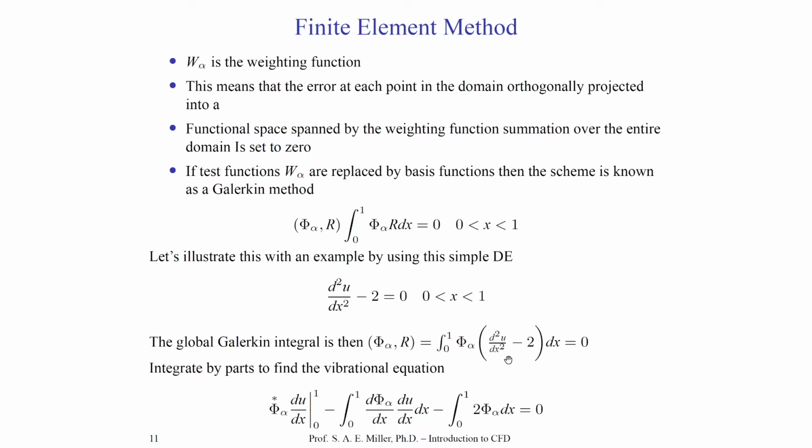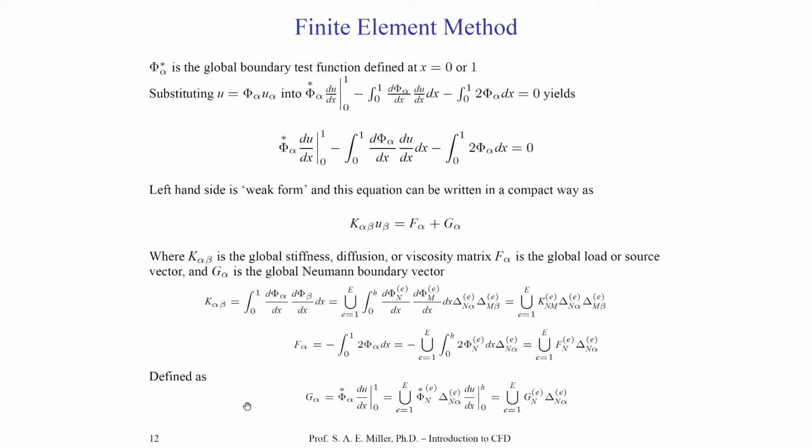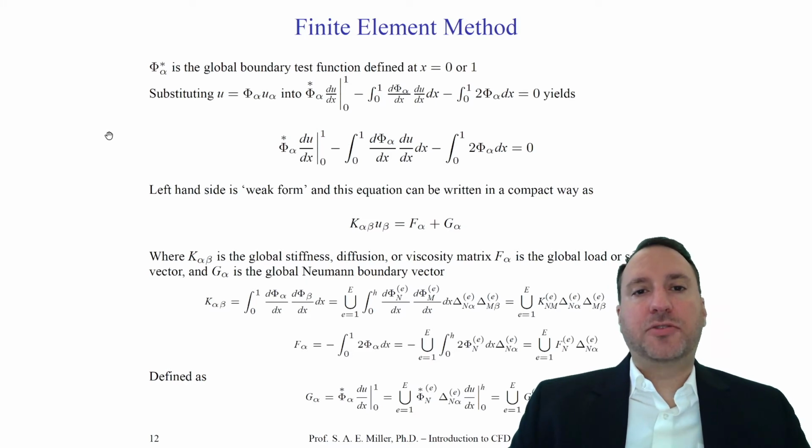Now we would want to try and use the variational approach to solve this. To do this, we can take this integral equation and integrate by parts, which is something hopefully you recall from Calculus 1. If you perform integration by parts, you'll find this particular equation. Let's try and manipulate it further. So recall that phi alpha is the global boundary test function.